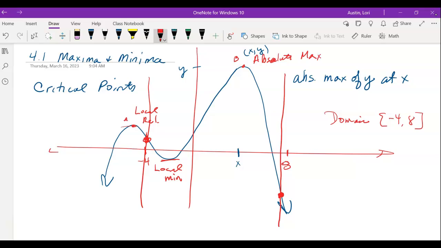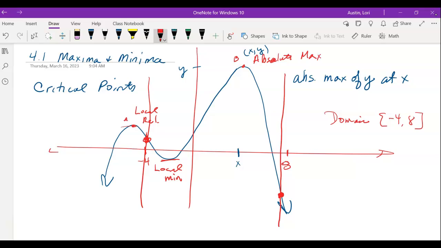Here's my question. I still have a local min where I had a local min before, right? Still a local minimum. By restricting that domain, do I now have an absolute minimum? What do you think? Do I now have an absolute minimum of that graph?